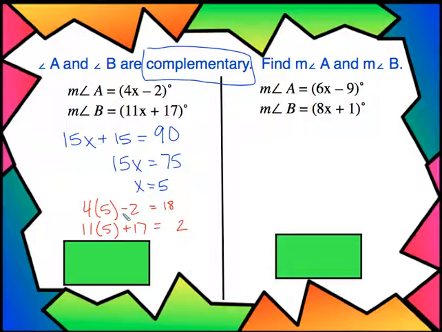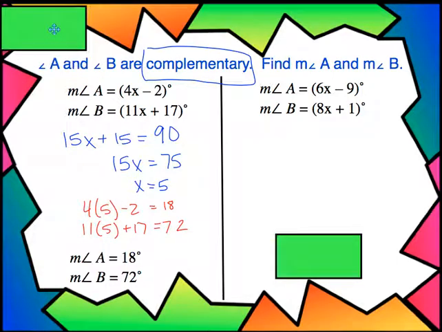Carry the 6. Wait, sorry. I was trying to do two different kinds of math in my head. So 72. Let's move this. I should have just done that instead of trying to do math in my head. Okay, so now I want you to pause the video and try this one.